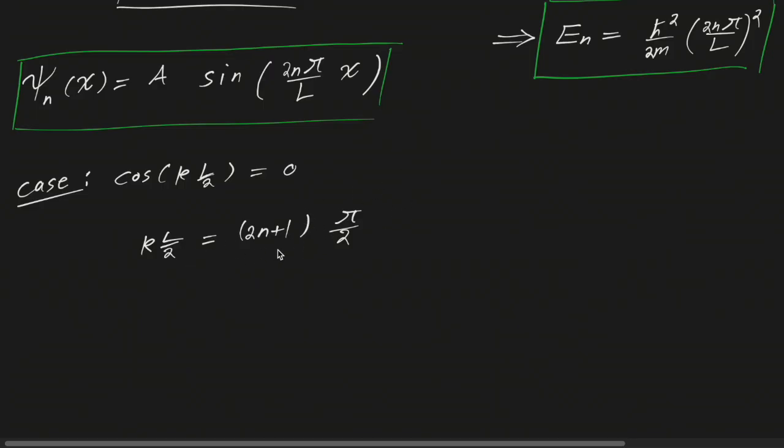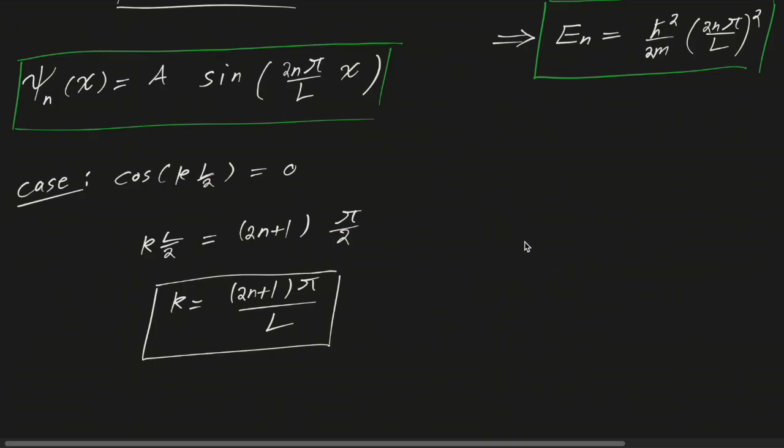So it must be an odd multiple of pi over 2. So k in this case will be 2n plus 1 pi divided by L. So the energy eigenstates will be E n is equal to h bar squared over 2m, 2n plus 1 multiplied by pi divided by L, all of it squared.